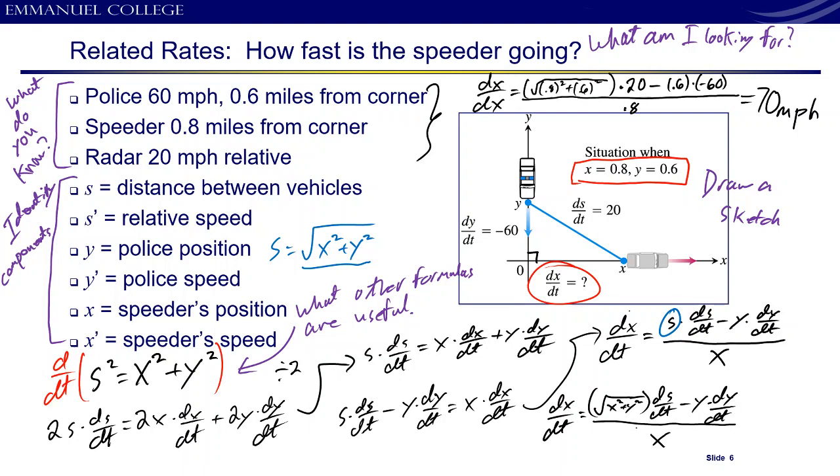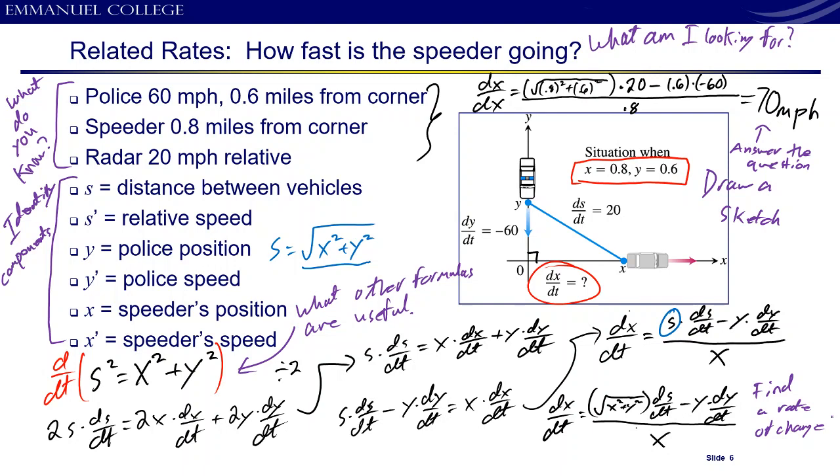And again, the last part: answer the question. Down here, find a rate of change.